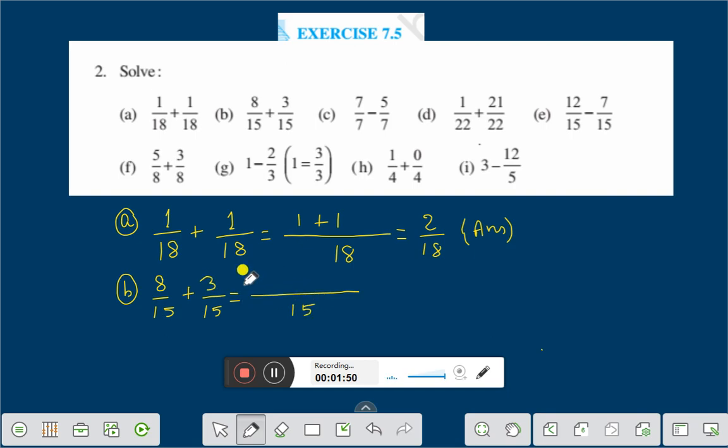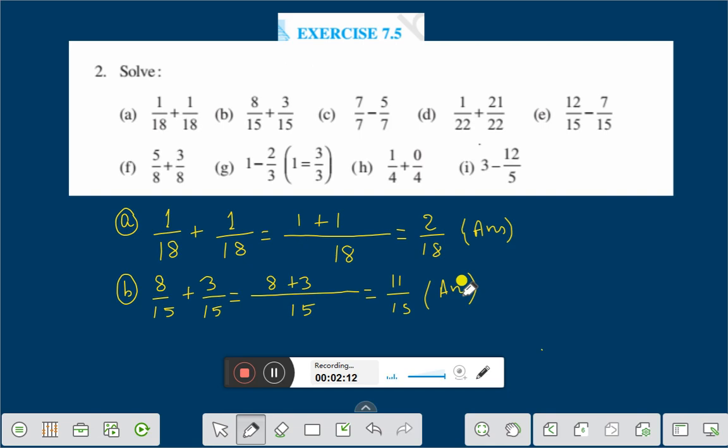Therefore we add 8 plus 3, that is 11 by 15. In this way you have to add all the problems. 11 by 15 is the answer of question number B.